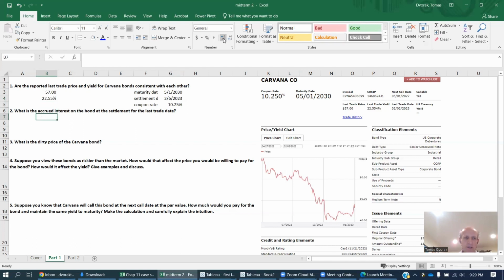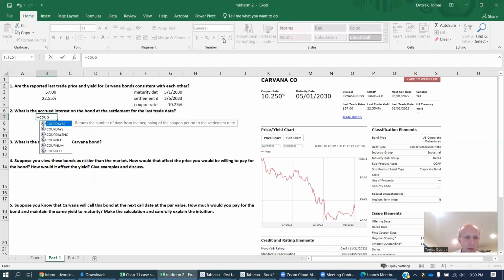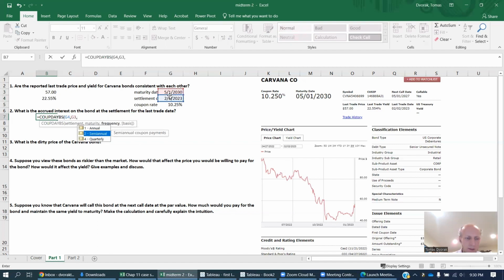What is the accrued interest on the bond at the settlement for the last trade date? So we can calculate coupon days from the beginning of the coupon period to the settlement date. Let's do that. Settlement date is this date. Maturity date is this. Frequency is semi-annual. Basis 360.